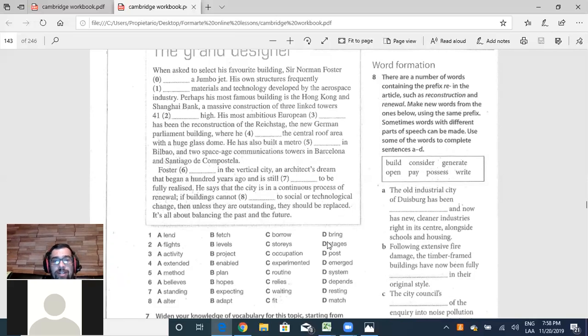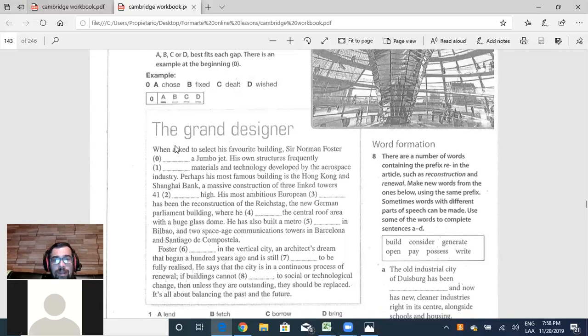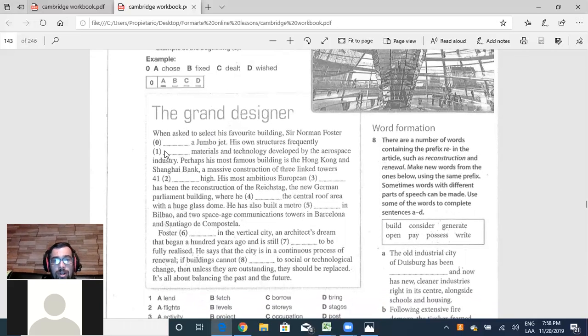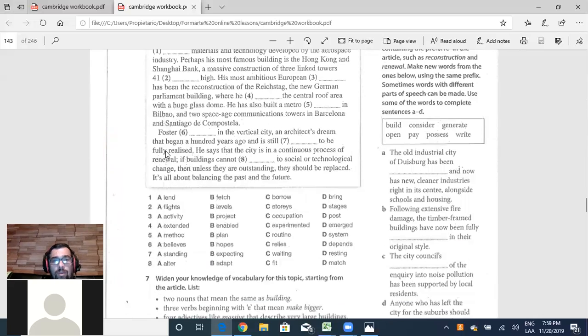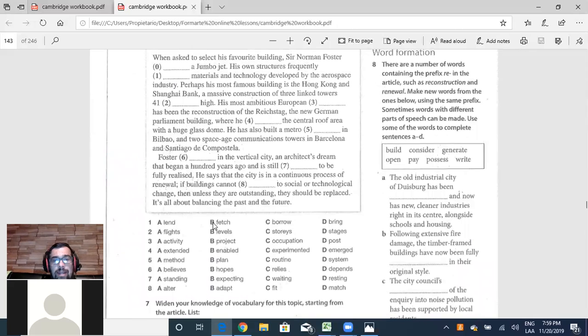Choosing A, B, C, or D. For number 1, you start here, because the number 0 is already done as the example. So we're going to start here in number 1 with A, B, C, or D over here.